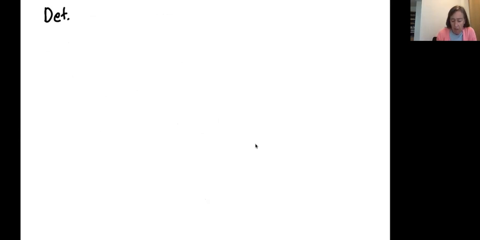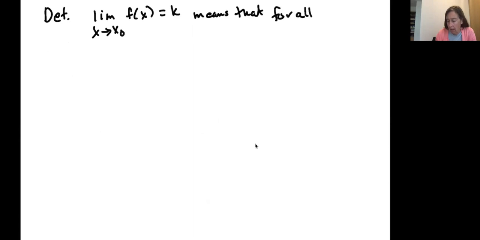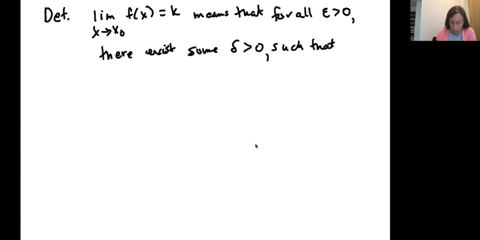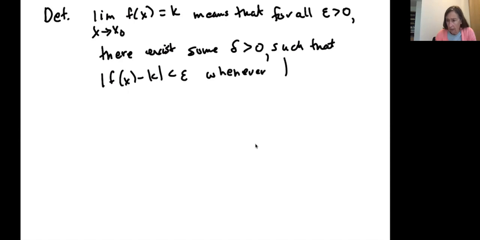Okay, so the definition, when we say that the limit as x goes to x0 of f of x equals k, that means that for all epsilon greater than 0, that's a lowercase Greek letter epsilon, there exists some delta, lowercase delta there, and that is also greater than 0, such that, put a comma there, the absolute value of f of x minus k is less than epsilon whenever the absolute value of x minus x0 is less than delta.